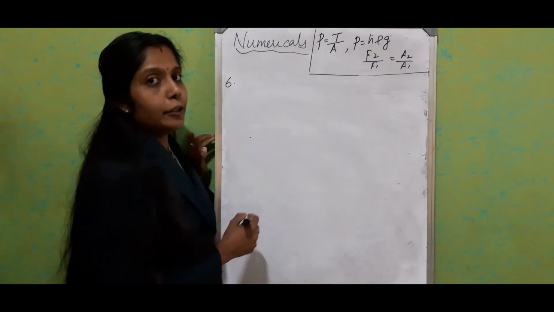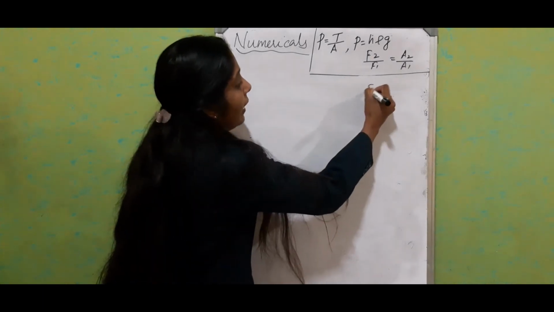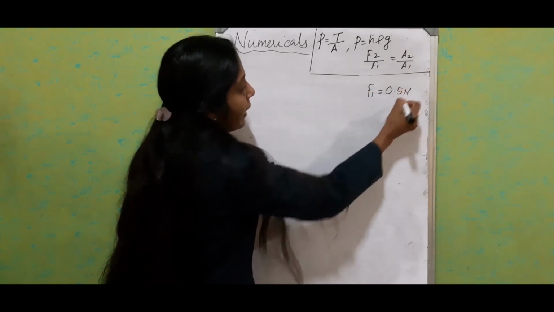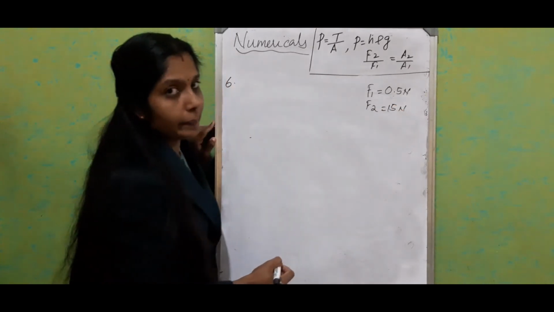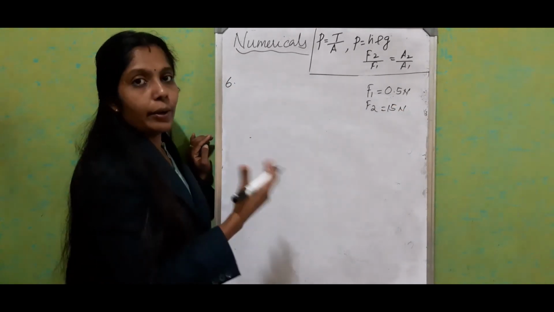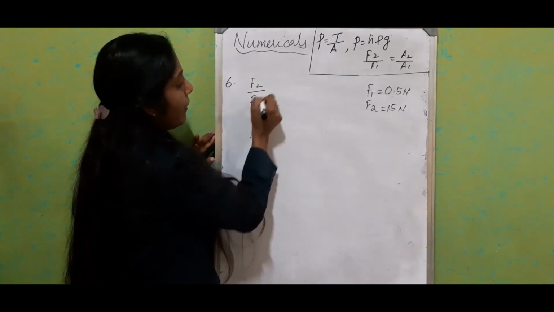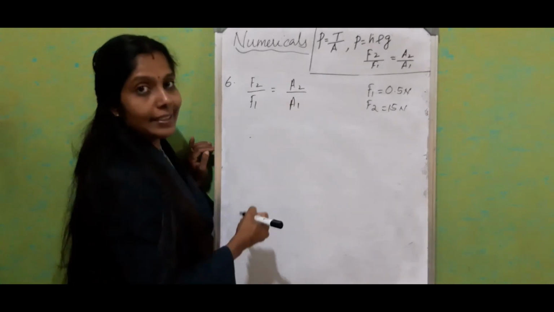So here we have to find out the ratio of areas. Here F1 is given as 0.5 Newton and F2 is given as 15 Newton. We have the equation F2 by F1 is equal to A2 by A1. We will substitute the values.